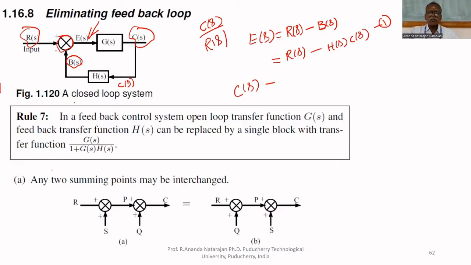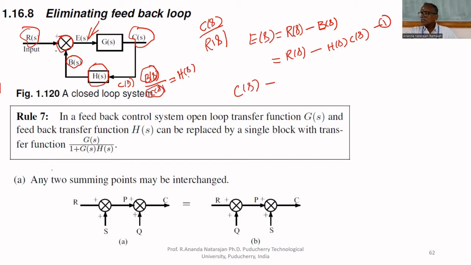What is the transfer function for this block? Output by input. The output is B(s) and the input is C(s), equal to the transfer function H(s). That is the definition of transfer function: Laplace transform of output by Laplace transform of input.